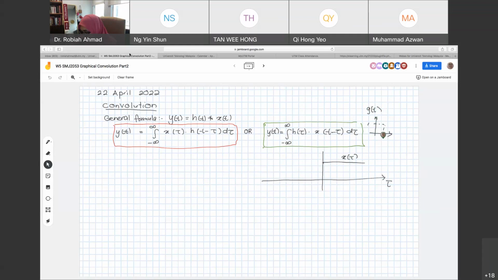So this is the signal. Okay, so when we shift and when we flip and shift, the signals will look like this.